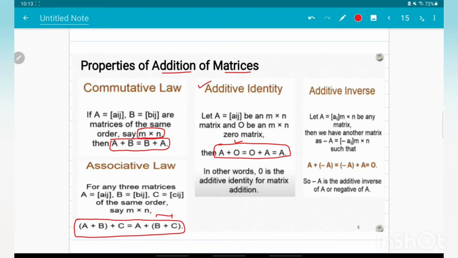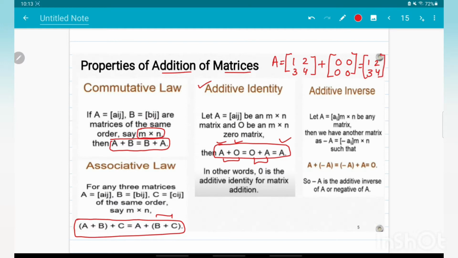So when you add a zero matrix to a particular matrix, suppose here the matrix is A, so if you add a zero matrix to that matrix A in this form or like this, the final answer will be the matrix A itself. Okay, like suppose you've got this matrix 1, 2, 3, 4, and you add the null matrix to this, or the zero matrix you call it. So when you add it, the final answer will be 1, 2, 3 and 4.